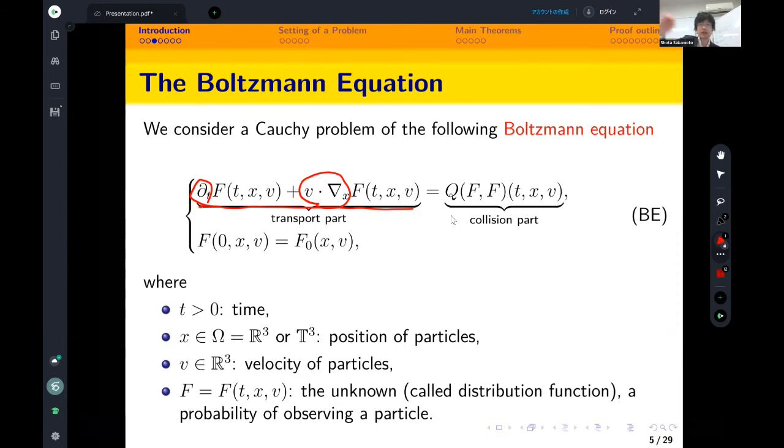And that's all. So this is the transport part. And Q(F, F) takes into account collisions. I will define this later. So governed by two effects, transport and collisions, the system evolves, and we want to find a solution, capital F.